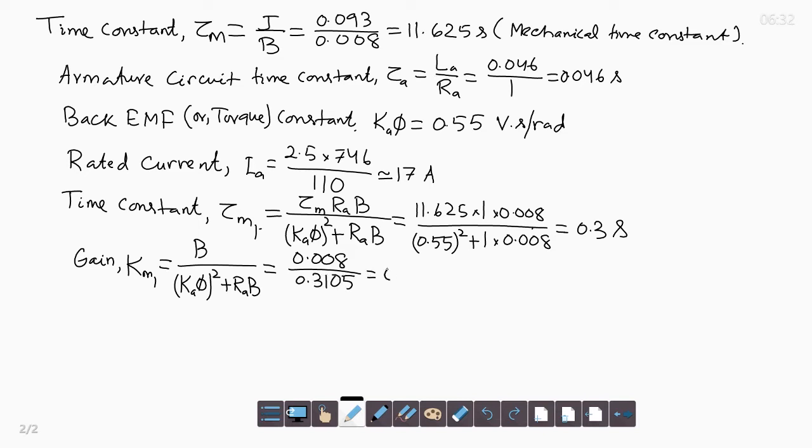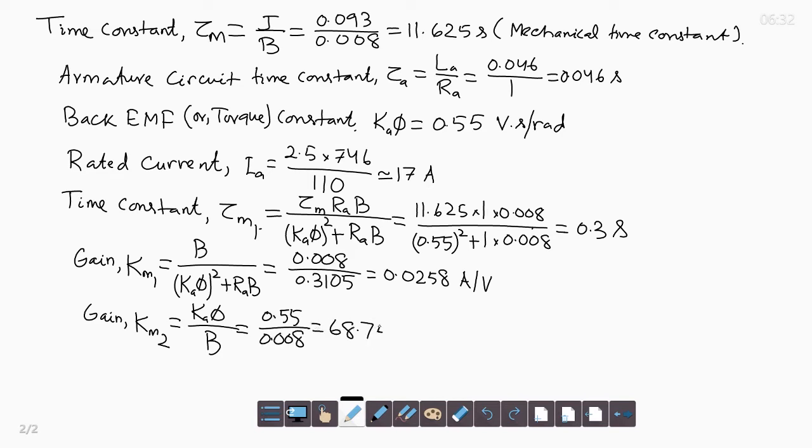So, it is 0.0258 ampere per volt unit. Km2, which is K phi by B, K phi 0.55, B is 0.008. So, this is 58.75 radian per second per ampere.